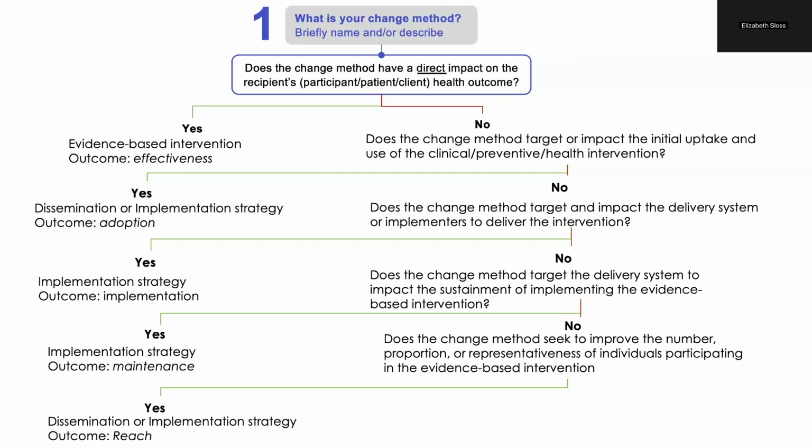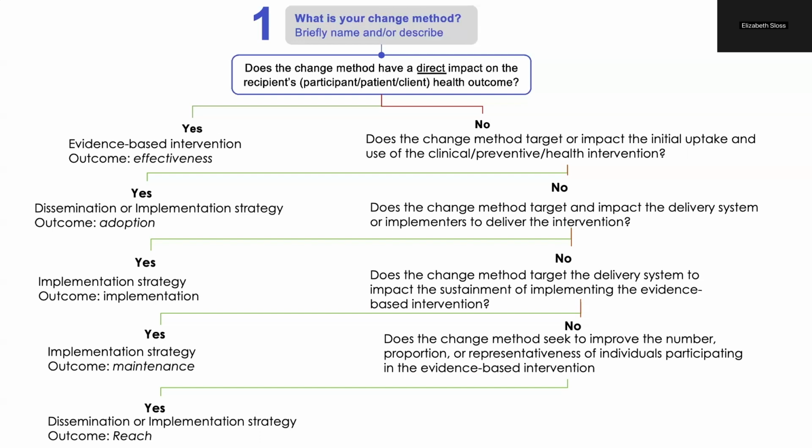Okay, so let's say that it doesn't focus on the initial adoption. It says, does your strategy target the impact of the delivery system or the implementers to deliver the intervention? So is it focused on helping people better deliver the intervention? And if the answer to that is yes, then it's truly an implementation strategy, right?